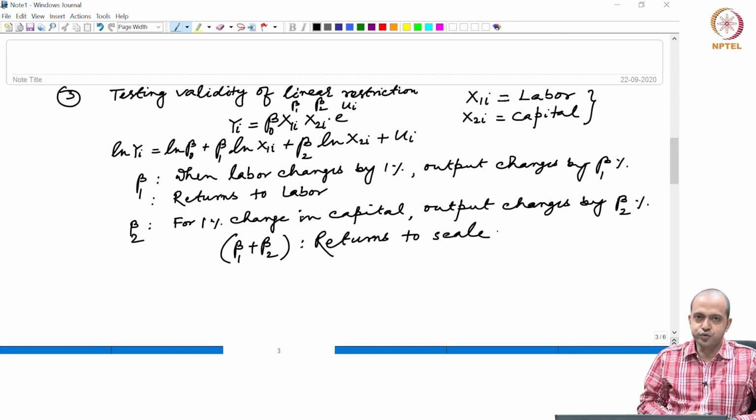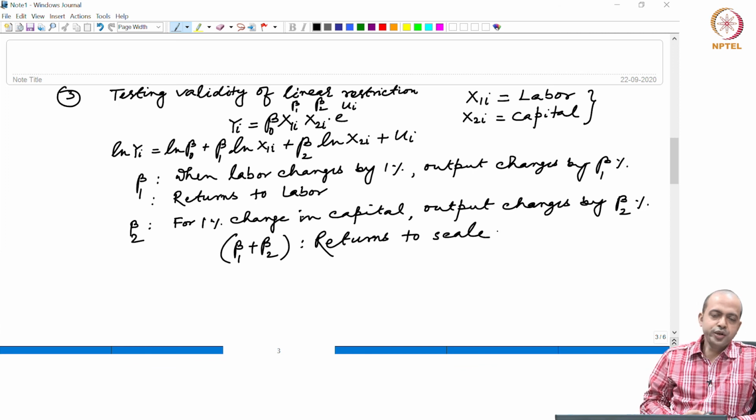Okay, returns to scale. And what we are testing? Our claim is that this particular production function, let us say, exhibits either increasing returns to scale or diminishing returns to scale. That is our claim.